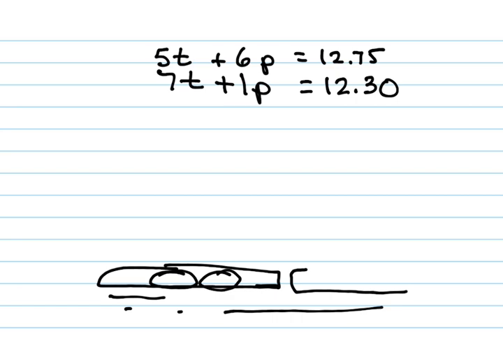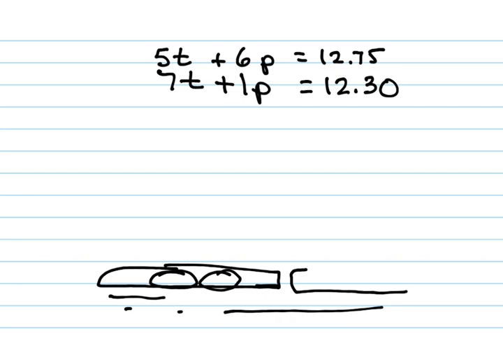A simple system of equations, right? And what do you notice about your T's and your P's and your numbers? They're all lined up, which is the way you need them to be in order to solve this using elimination, which is the workhorse one that we're going to use.